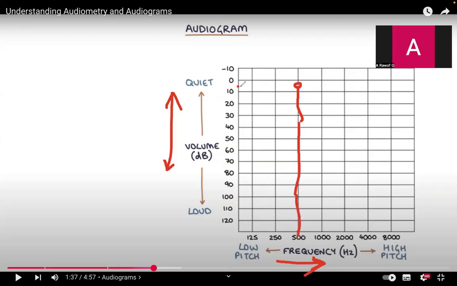That means this is the frequency of the sound that is played on the x-axis, and the intensity of the sound in decibels which is heard is on the y-axis.